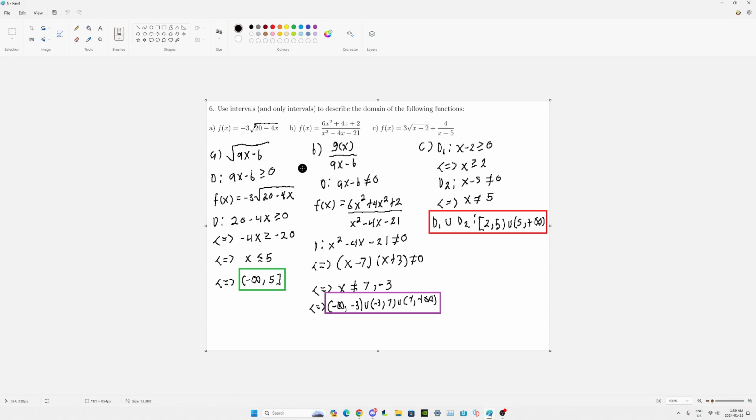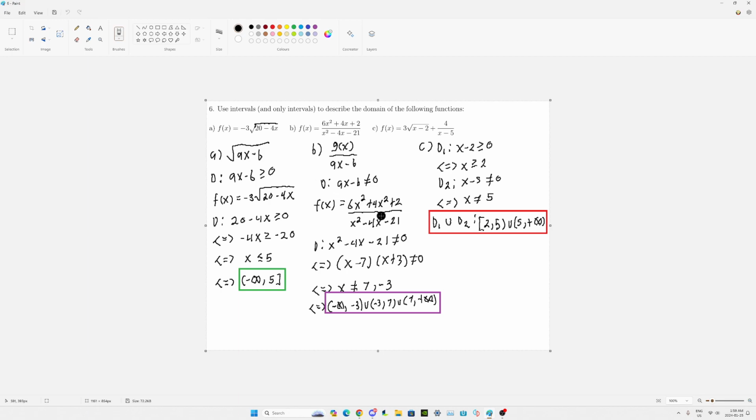The next one, suppose we have some function g of x over ax minus b, or any number of roots on the bottom. Then the domain is such that ax minus b does not equal 0, because then we would have some function over 0, and you don't want to deal with that. So we want to avoid the cases where we're dividing by 0, right?